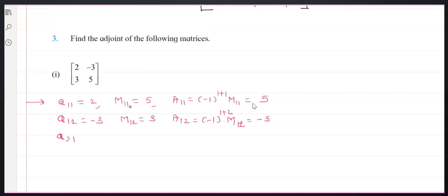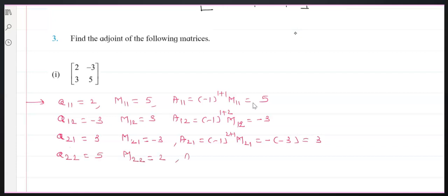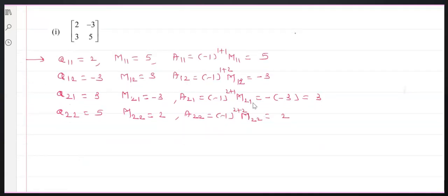A21 is 3, therefore M21 is minus 3. Therefore A21 is equal to minus 1 raised to 2 plus 1, M21, that is minus and minus 3, that is plus 3. A22 is equal to 5. Therefore M22 is 2. A22 is minus 1 raised to 2 plus 2, therefore that is equal to 2.